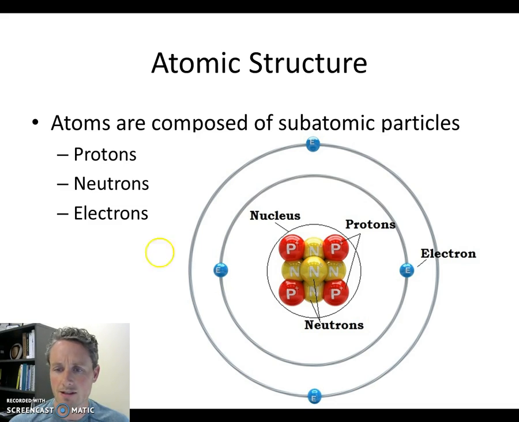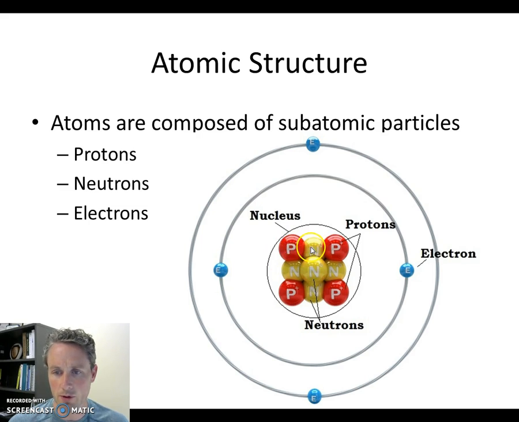Okay. But as you can see, the atom has a particular structure. There's a couple locations. There's this nucleus here in the center, and then there are these electrons orbiting around the nucleus. We can see that, again, the electrons are orbiting around the nucleus, and the nucleus contains these protons and these neutrons. Okay. There's some more information here as well.